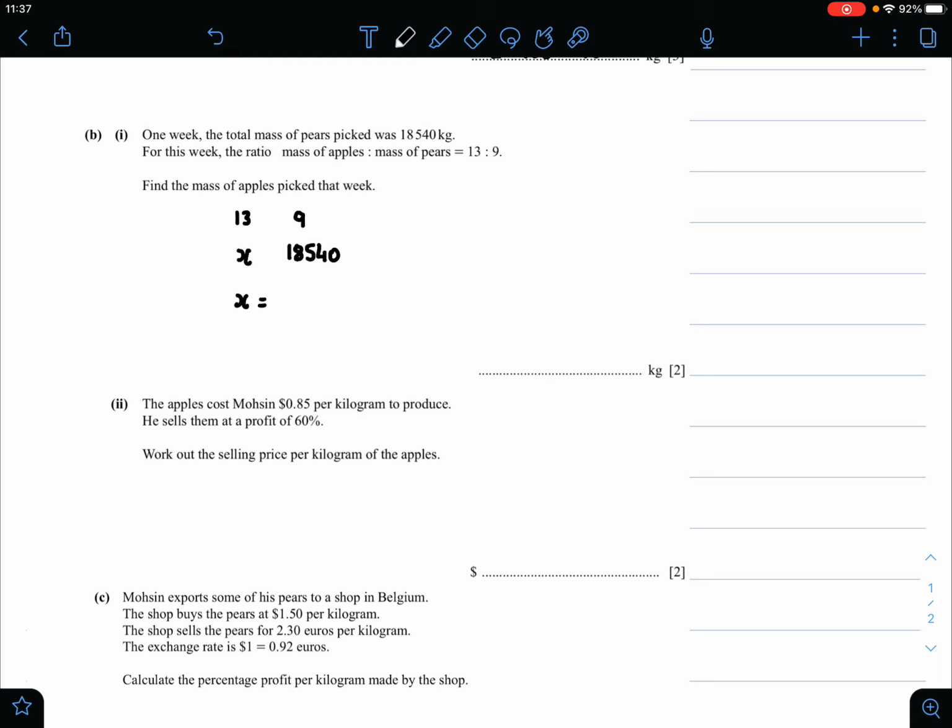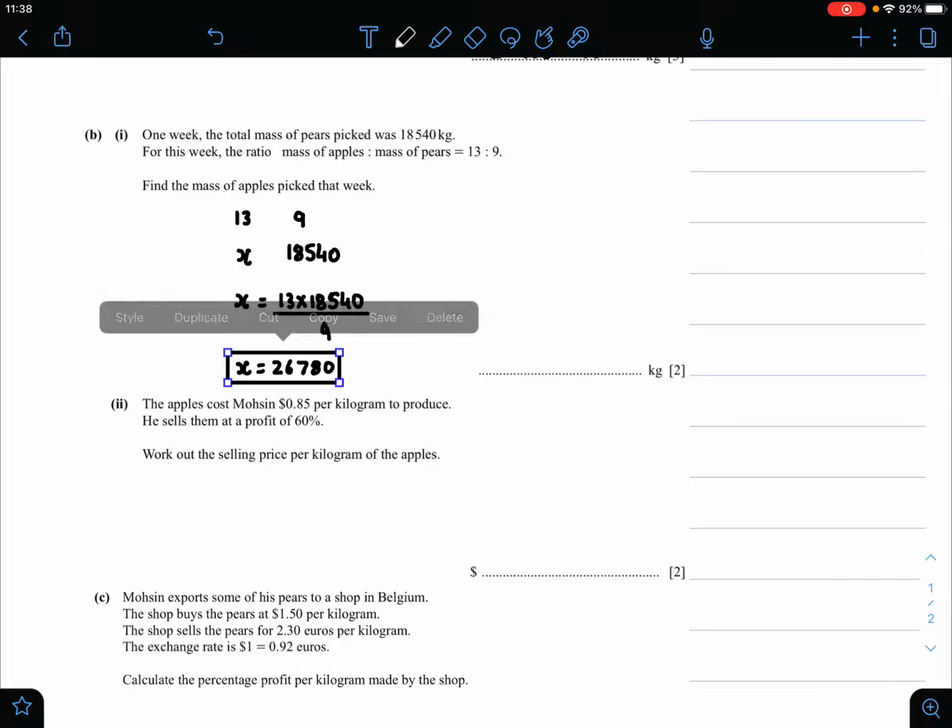So it will be 13 multiplied by 18,540 divided by 9, and therefore x will be equal to 26,780. You'll get the same answer if you input this in the calculator, or if you simplify your working right here in this fraction. Now this is your final answer for part B1.